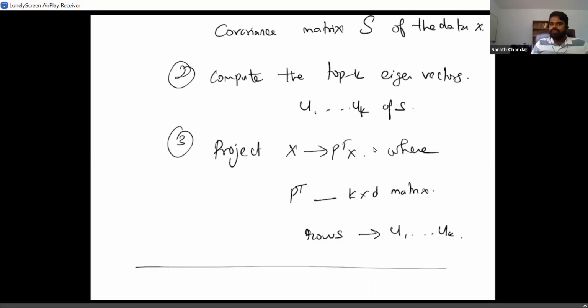There is a question in the chat: how does this approach reduce the dimensionality? Well, you take 10-dimensional data and you could reduce it to 1D, 2D. You are reducing the dimensionality by considering the first few eigenvectors. Are the eigenvalues ordered by their absolute value or their raw value? That is a good question.